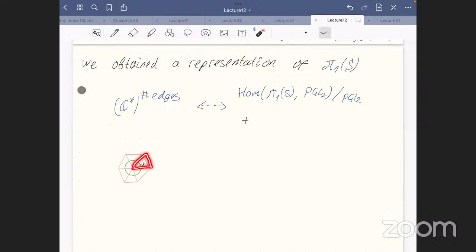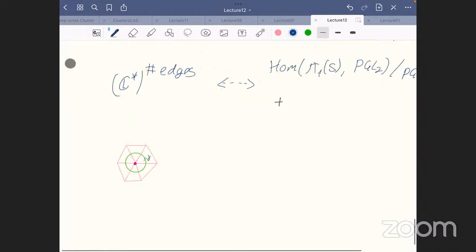So you start from 3 lines here, and using coordinates which you assign to each edge, you find a line here, a line here, a line here. You find all lines.